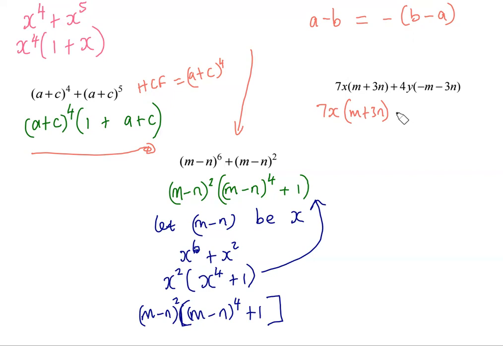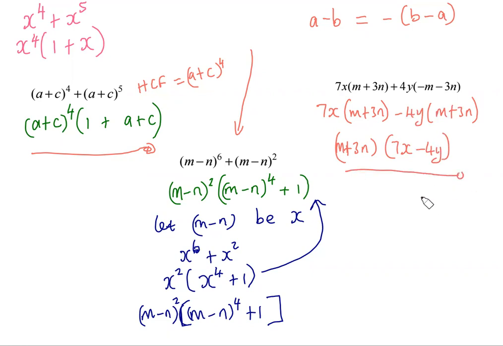So it means that we're going to say minus 4y (m plus 3n). So now we have m plus 3n, m plus 3n. We take out (m plus 3n). Then in the other bracket, 7x minus 4y. So that becomes our final answer.